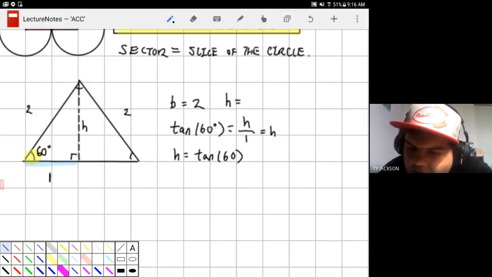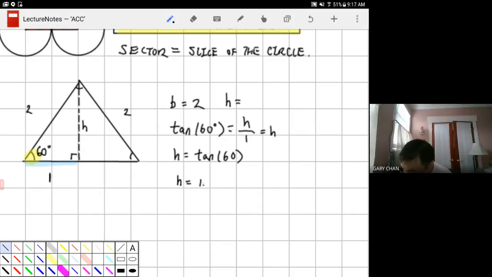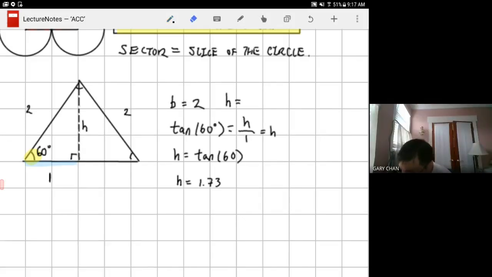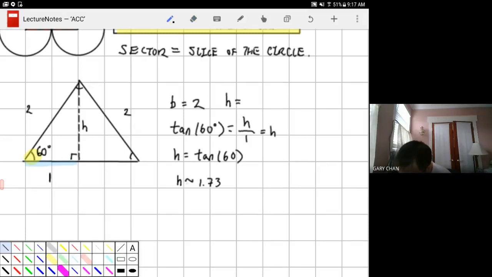Lovely. And if you punch that in, Ty, what do you get? Tangent 60 is radical 3, which as a specific number is approximately 1.73. And I heard you say that h is actually equivalent to radical 3.